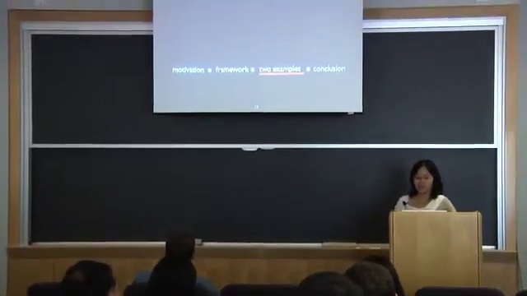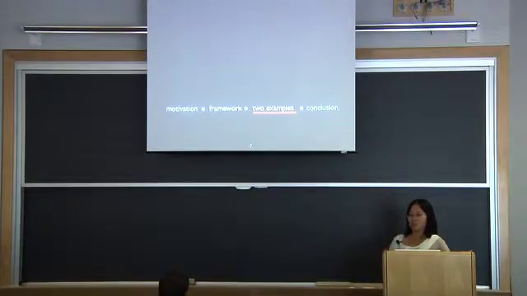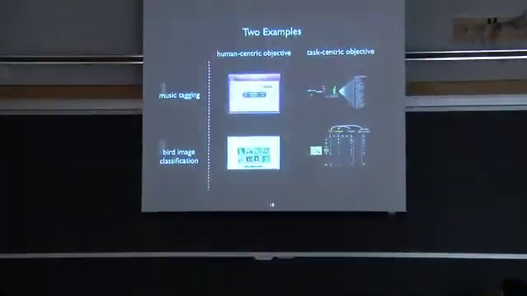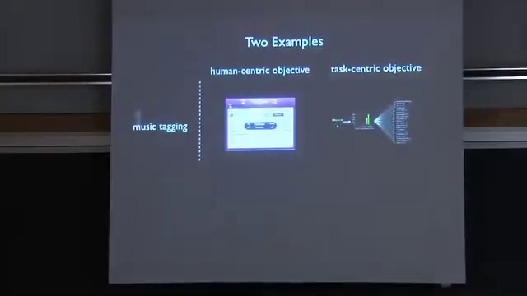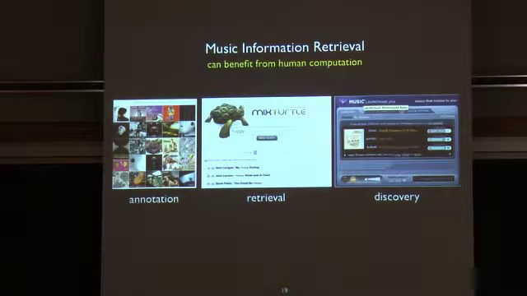So I'm going to give two examples of systems I've worked on where we had to look at both how to satisfy the human-centric objective and the task-centric objective. The first is music tagging. Attributes are used a lot in music information retrieval because it's, I guess, the simplest way people can think of to query for some piece of music they're looking for and to discover them.